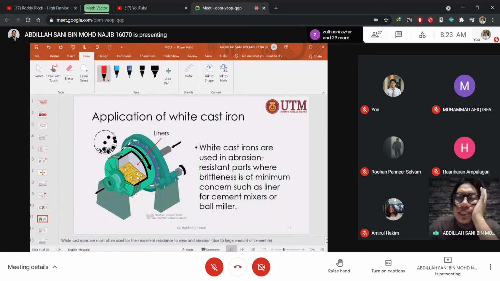So white cast iron is used in abrasion resistant parts where brittleness is of minimum concern. So we have a cement mixer, and the liner here, we use white cast iron. It's hard and brittle.